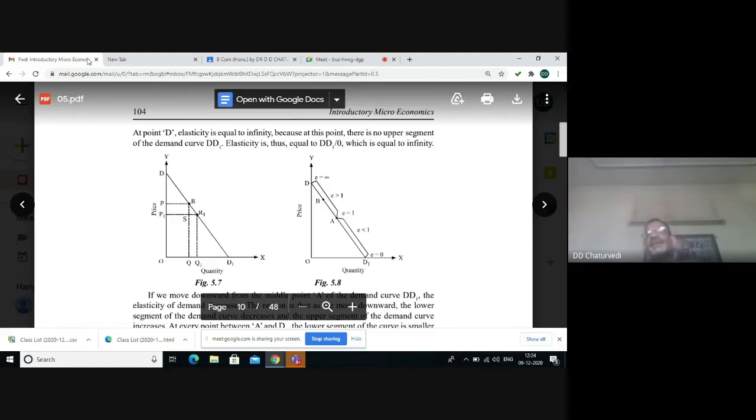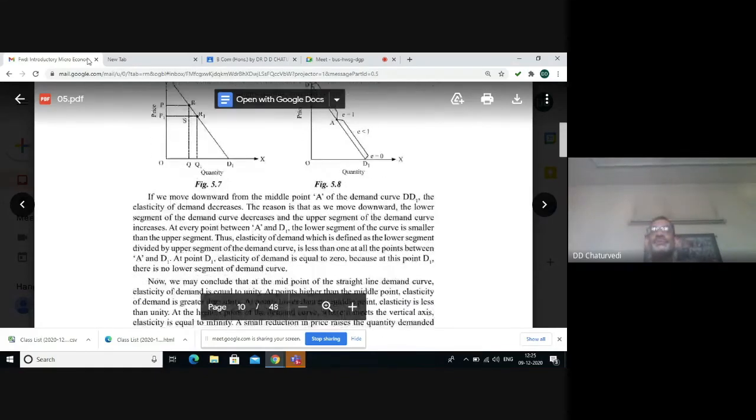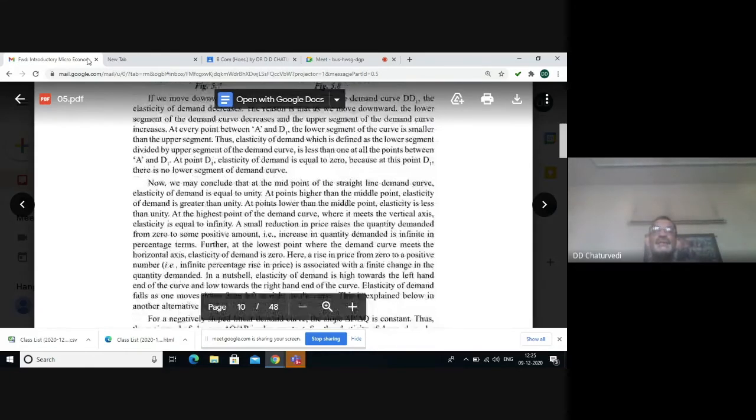When we reach point D1, the price quantity ratio will be equal to 0 because price is 0, which is in the numerator. So this way we can easily understand that elasticity of demand is going to be maximum, infinity, at the point where the linear demand curve is meeting the y-axis, and it keeps on declining as we move down along the same demand curve, and it approaches 0 when the linear demand curve meets the x-axis.